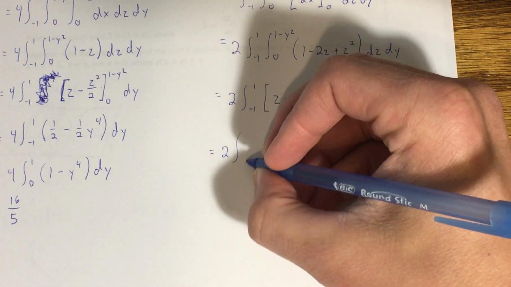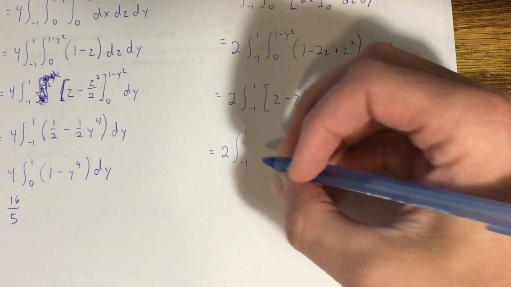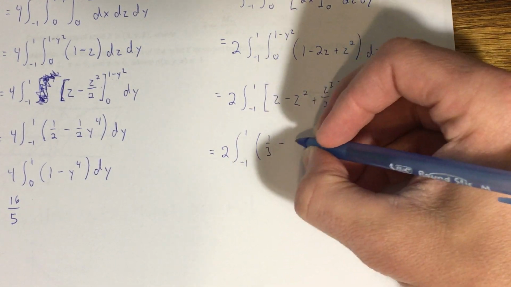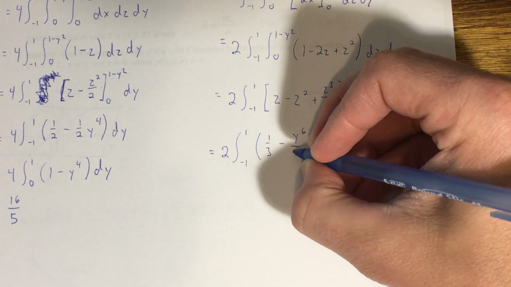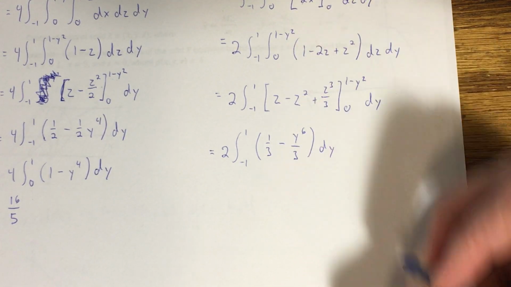I'm going to get 2 times the integral from -1 to 1 of what's going to look like 1/3 minus y to the 6th over 3 dy. I'm going to do a couple of things here.